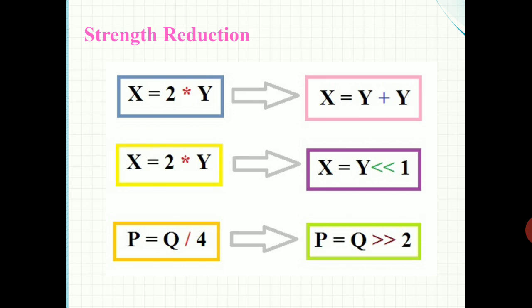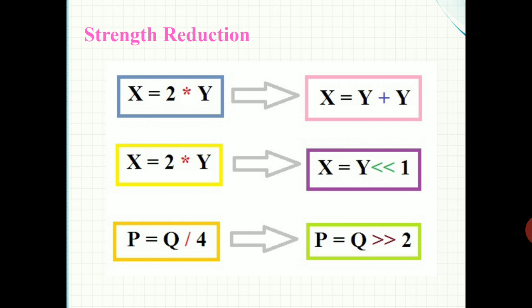So 101 is shifted left one place, then we append 0 at the end of the code. So it will become 1010. Without addition, by using only the shift operation, we can perform the multiplication by 2.